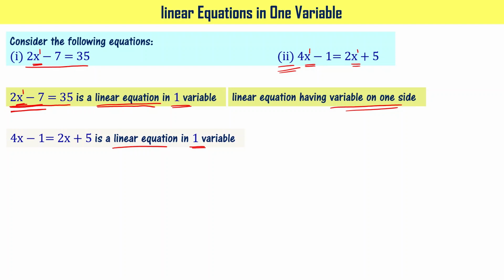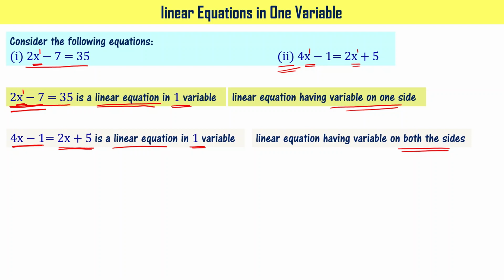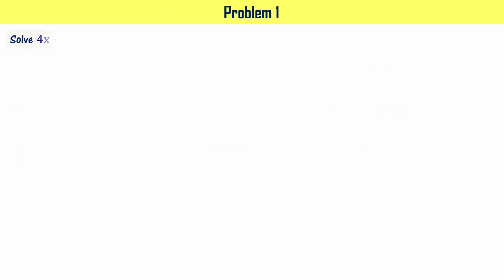But when you observe this x, the variable x is present on the right hand side and it is present on the left hand side also. For that reason we say that this is a linear equation having the variable on both the sides. In this video we are going to learn how to solve these kind of equations. Got it?